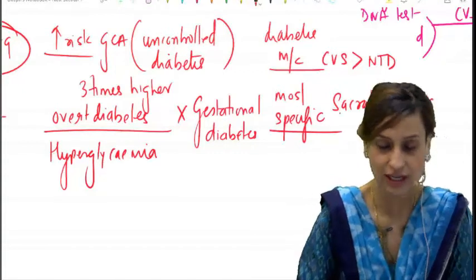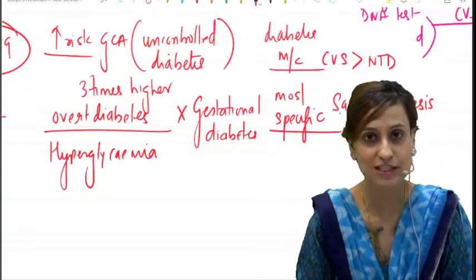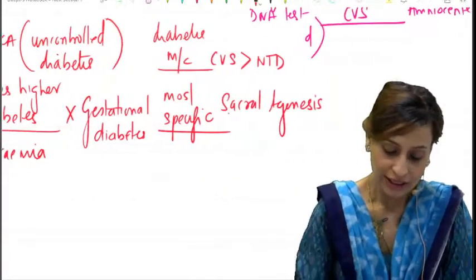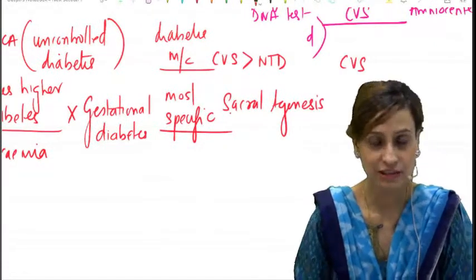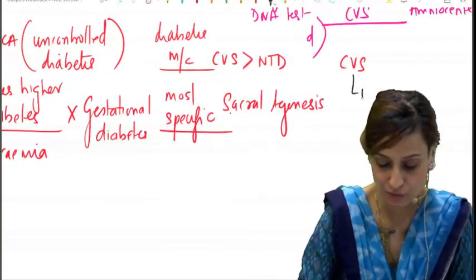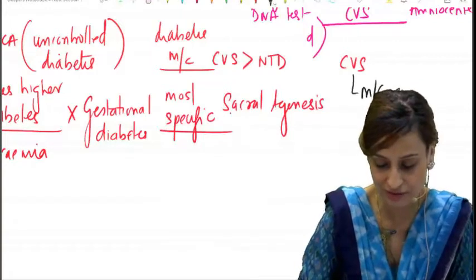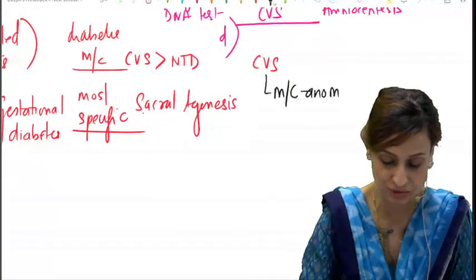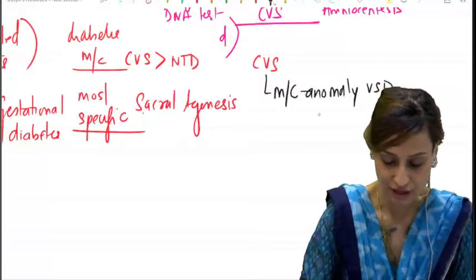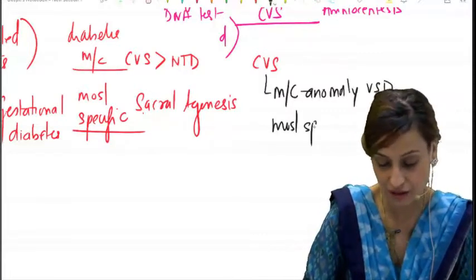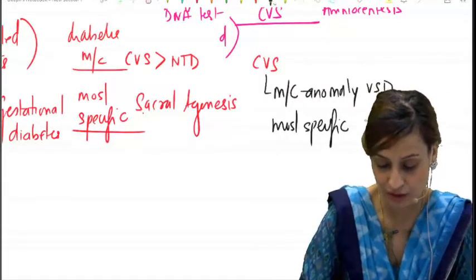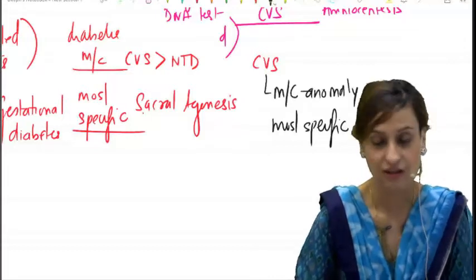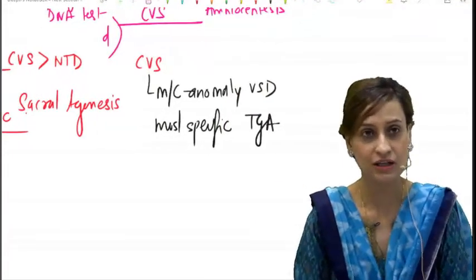Also called caudal regression syndrome, right? And I'm sure you would know by now that within the cardiovascular system, the most common anomaly that we see in diabetes is going to be VSD, whereas the most specific anomaly is going to be TGA, right? Transposition of the great vessels.